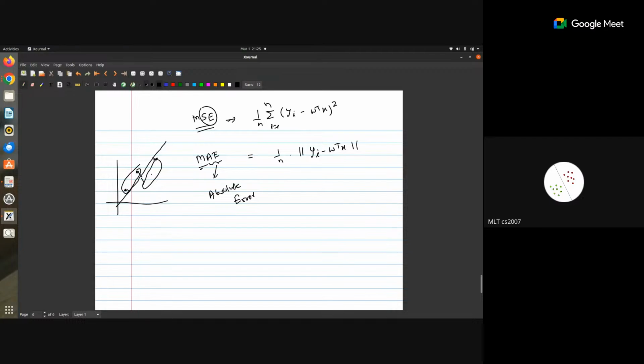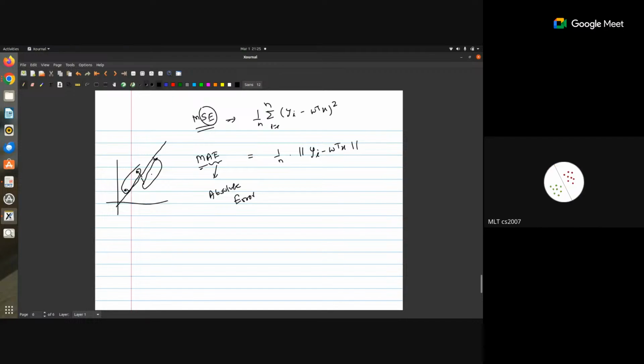The solution for W hat ML is the same as that of minimum squared error, or MSE, when you think of the noise as Gaussian, a normal distribution.